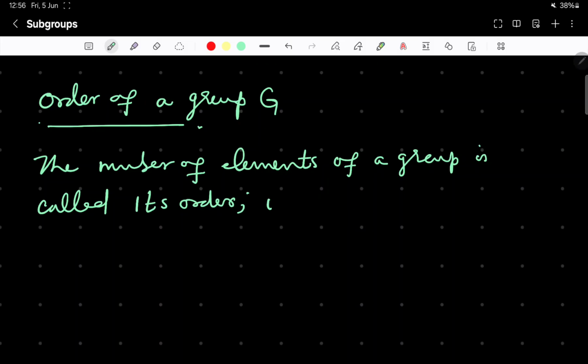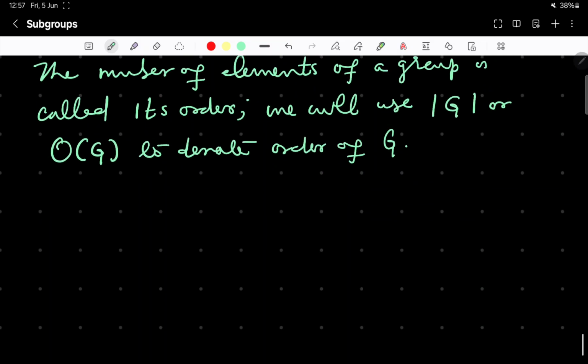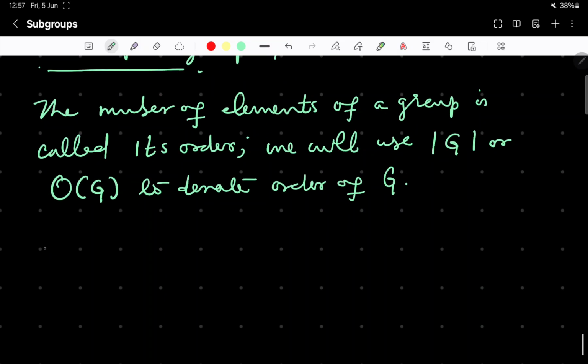We will use either this or order of G to denote the order of G. So let's see an example.